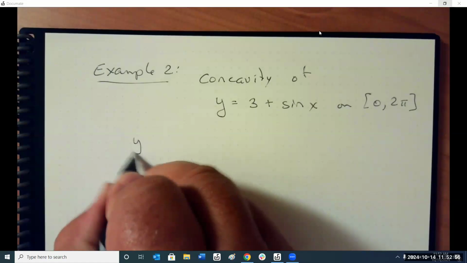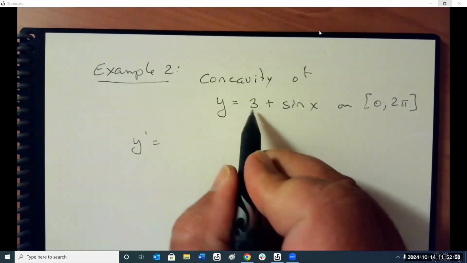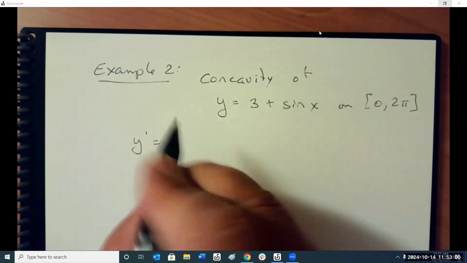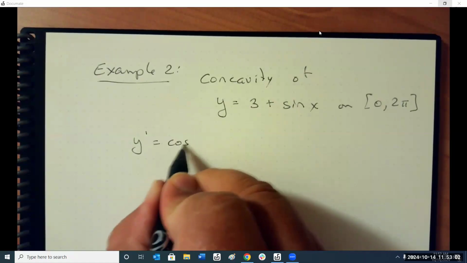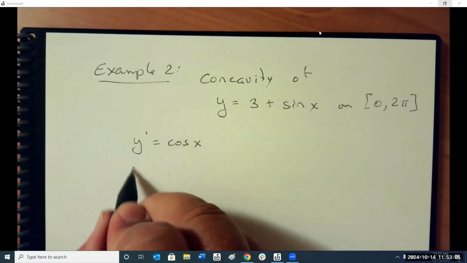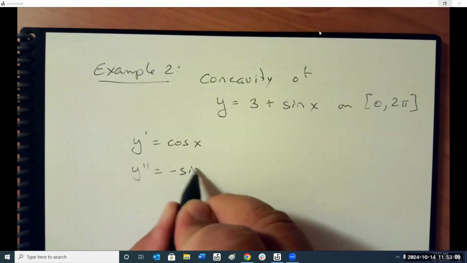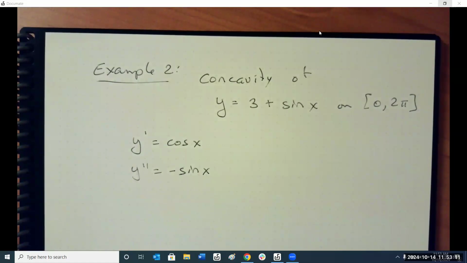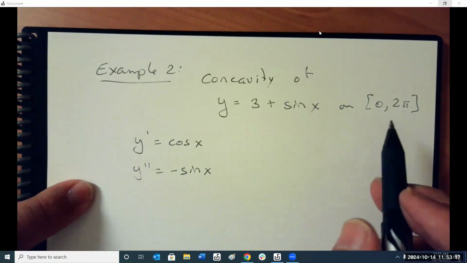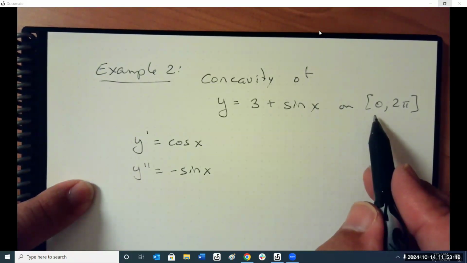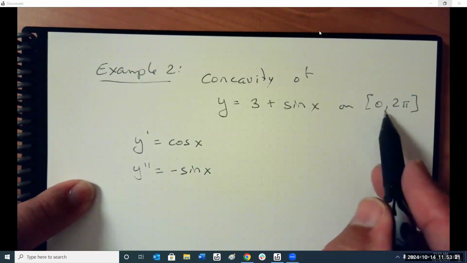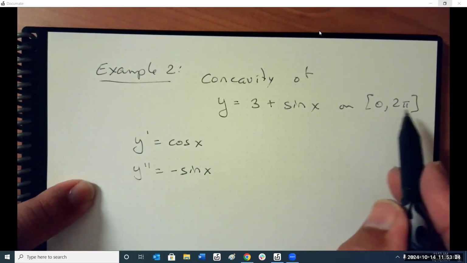First off, find the second derivative. First derivative of 3 is 0. Derivative of sine is cosine. The second derivative of cosine is negative sine. So let's find a point between there.